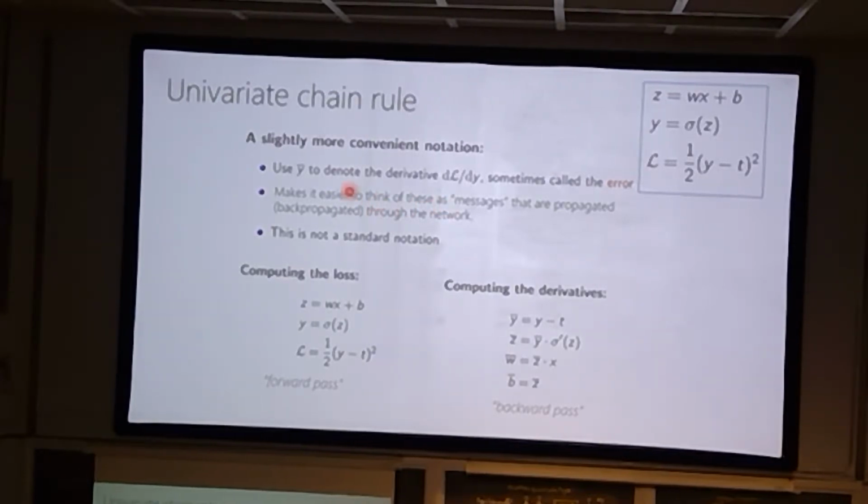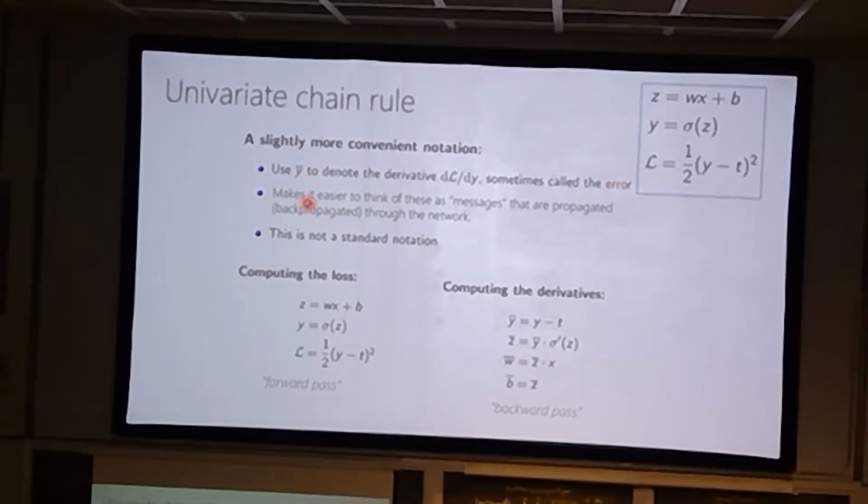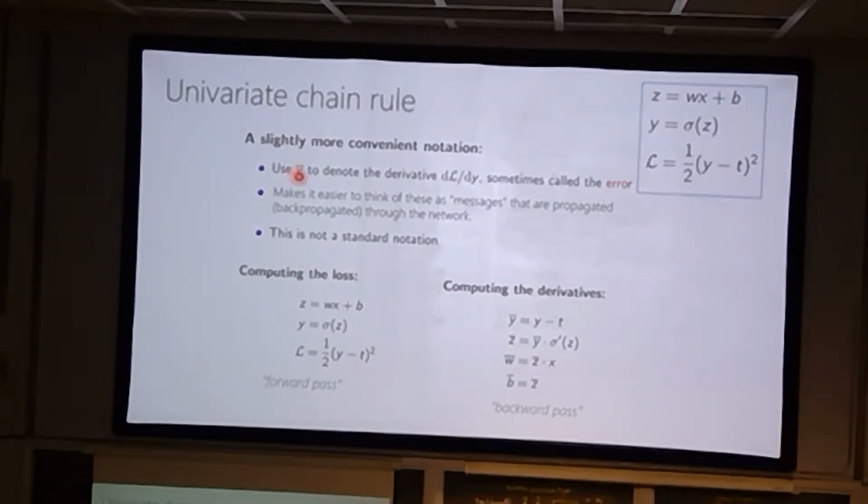To do that, we're going to introduce a slightly unconventional notation, but I really like it, maybe because it's from my alma mater in Toronto. Whenever you see a variable with a bar on top, it means that's the derivative of the loss with respect to that variable. You're going to have to remember that because we're going to see it all over.